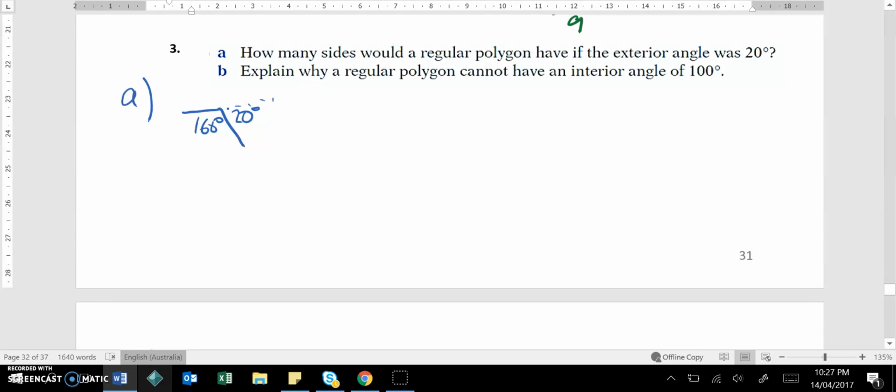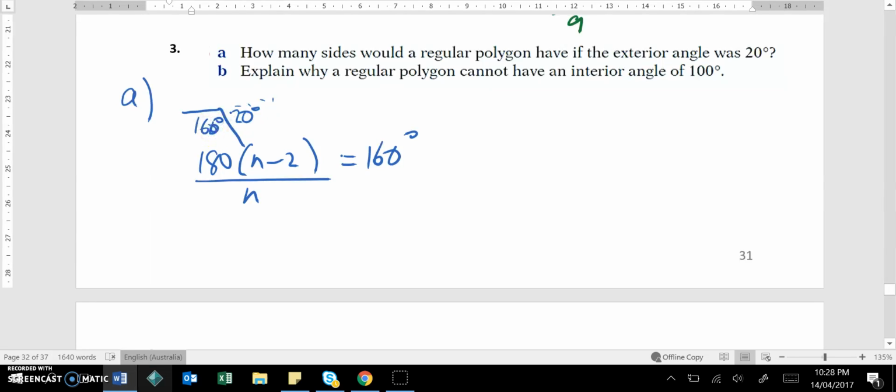And basically you're going to work backwards. So you've got the angle sum over n being 160, because that's the size of each interior one.